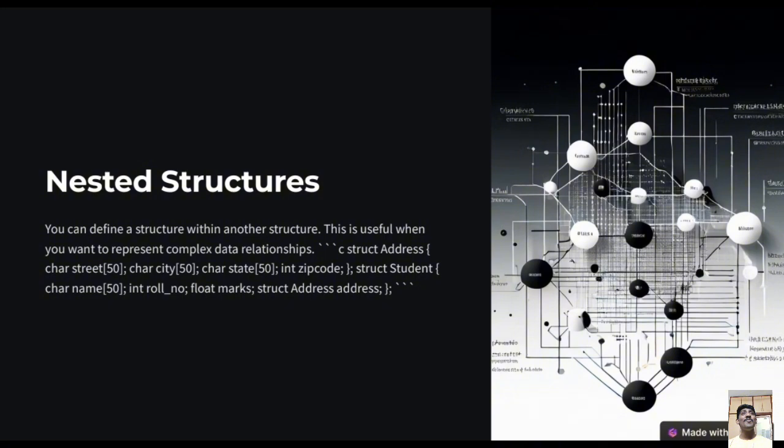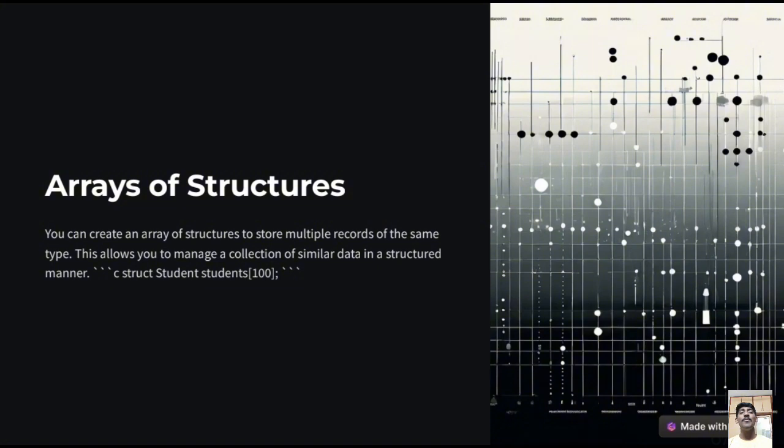Then we have accessing the structure. We can access the structure by specifying the variable name and member name. For example, we can access s1.name, s1.usn, s1.marks.